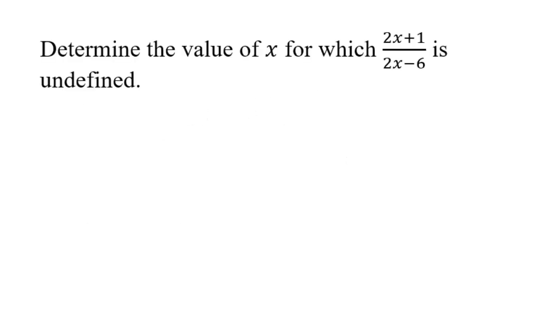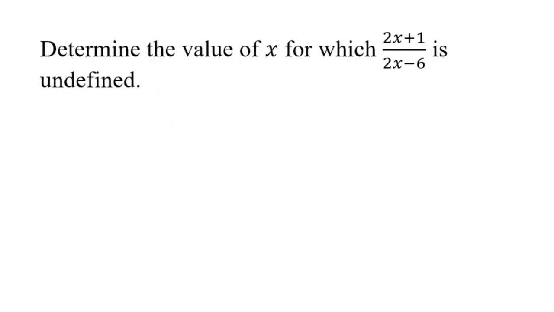Now over here we have a problem that says we want to determine the value of x for which the algebraic fraction 2x plus 1 over 2x minus 6 is undefined.